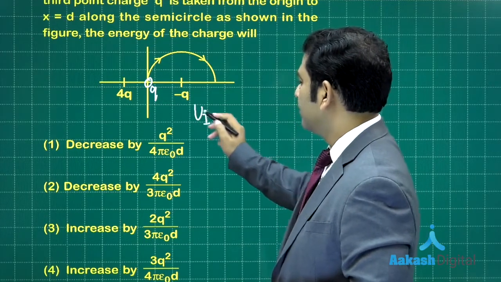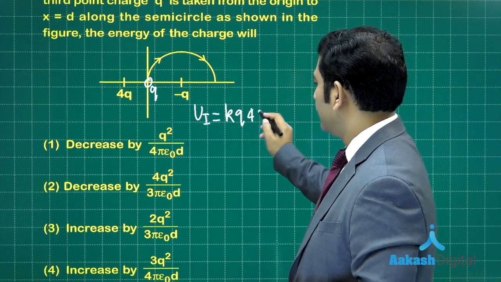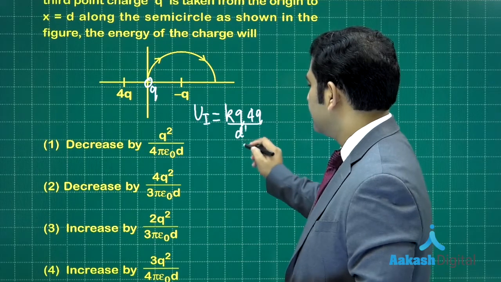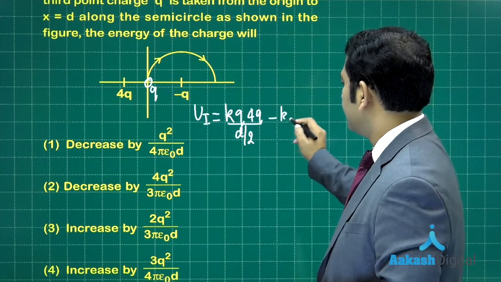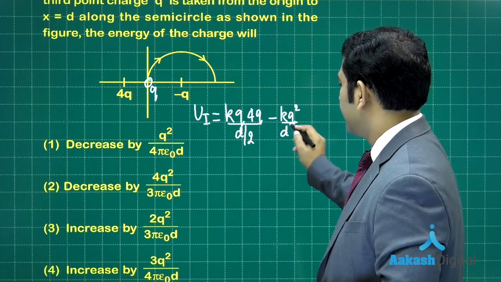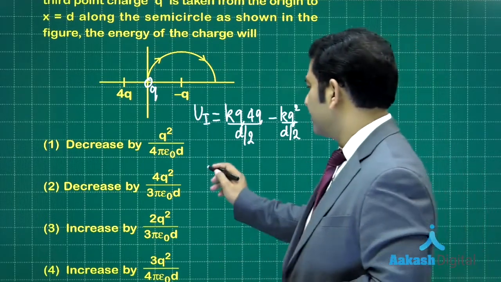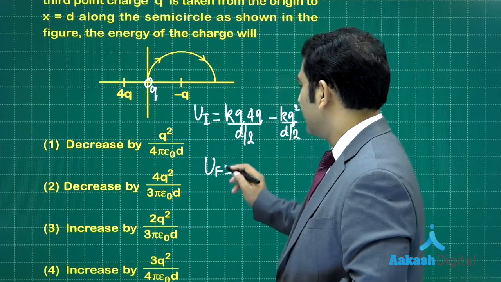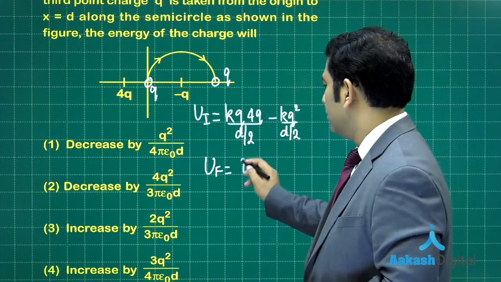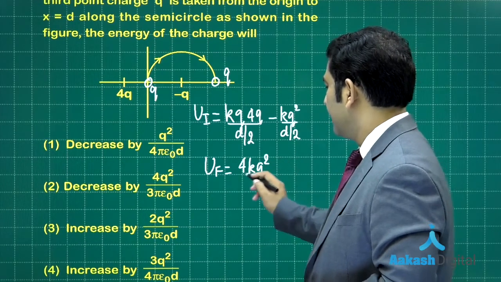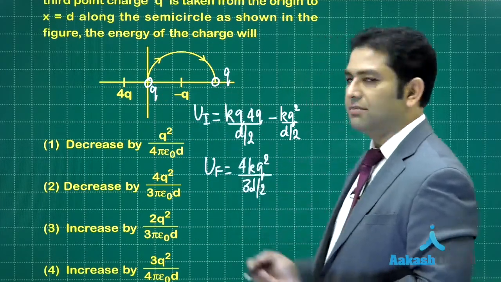The initial potential energy of this q will be kq into 4q divided by d by 2, that's the first one, and with this, that's going to be minus kq square divided by d by 2. That's the initial potential energy. What about the final potential energy? With that q here, it will interact with 4q, so 4kq square, and the distance will be 3d by 2, isn't it? d plus d by 2.